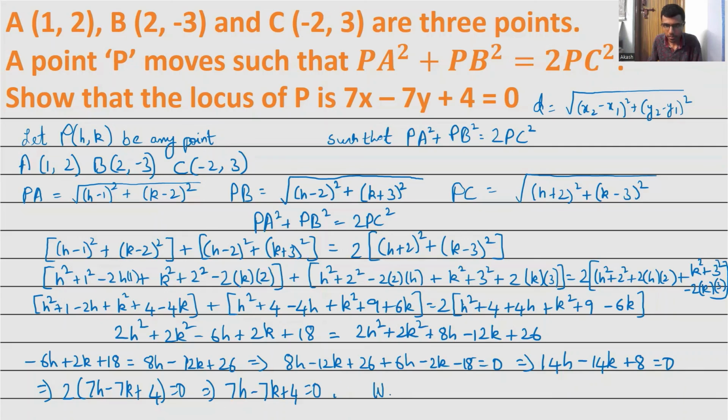We can replace h comma k with x comma y, and therefore 7x minus 7y plus 4 is equal to 0. See, we got the required equation. Okay, that's it.